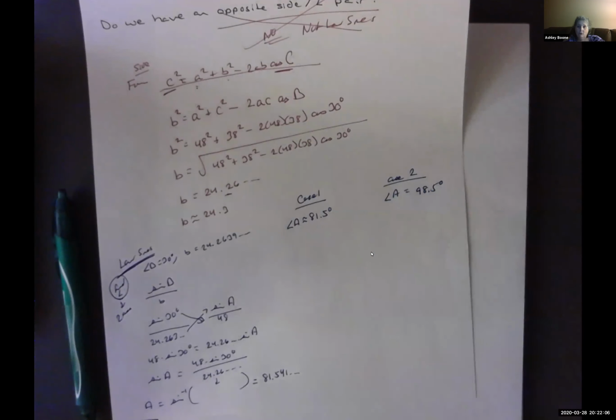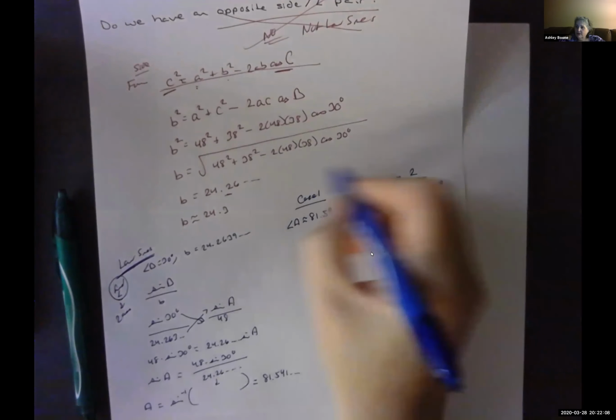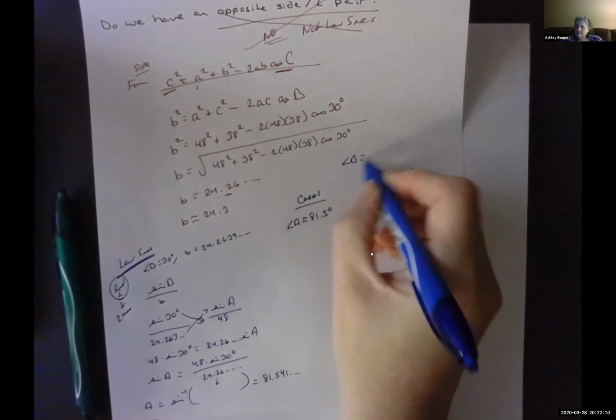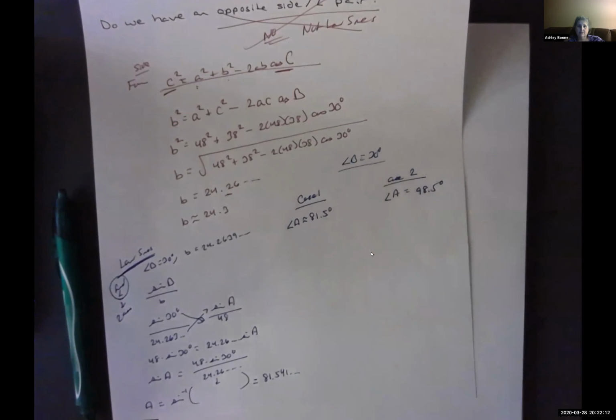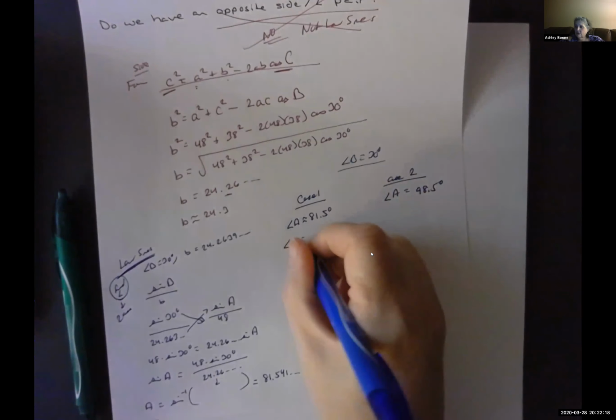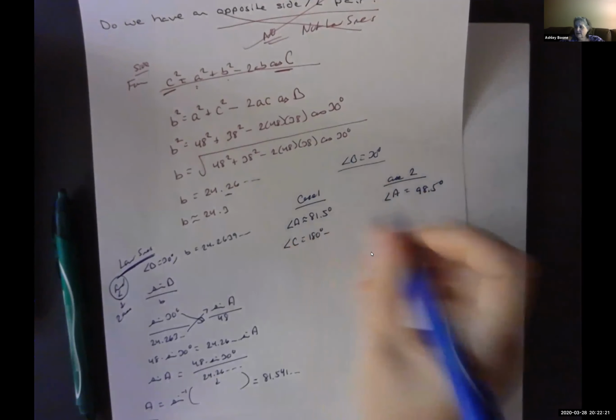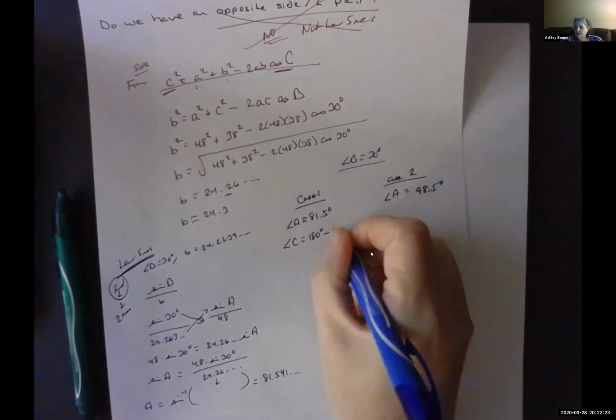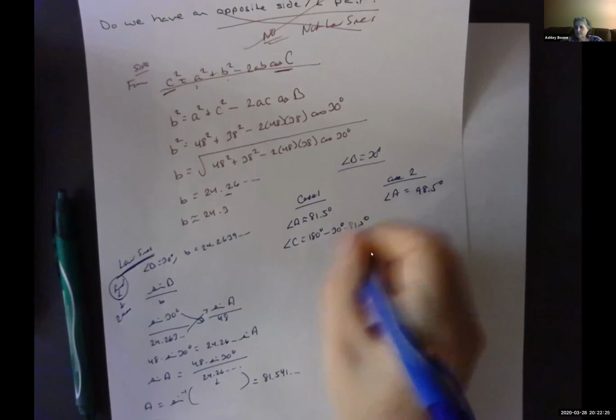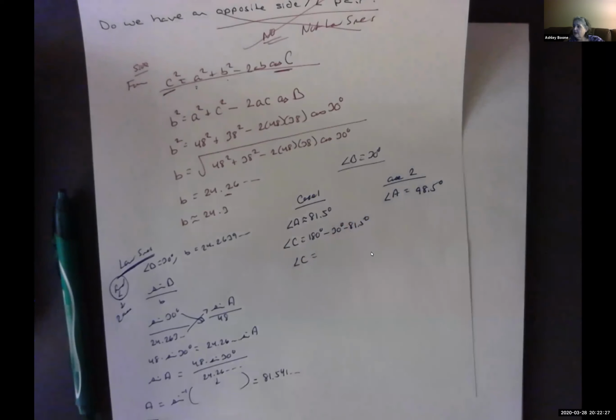We already know angle B. Remember, we were given angle B was 30 degrees. So we have A and B in both cases. What's the one thing we have left? C. So angle C is going to be 180 degrees minus angle B and angle A. So I have 180 minus 30 minus 81.5.